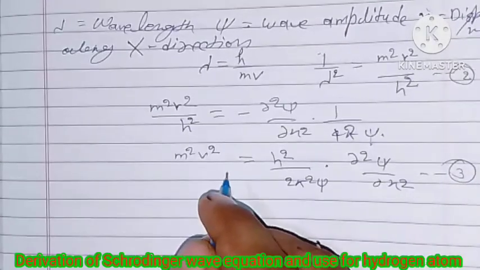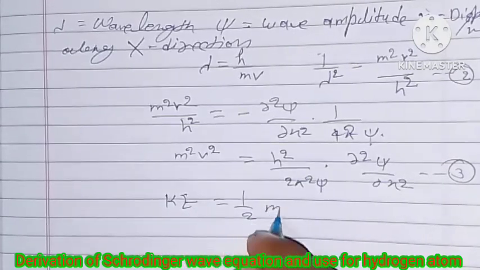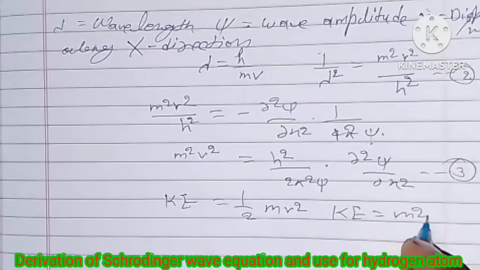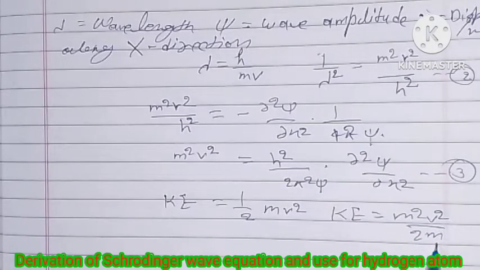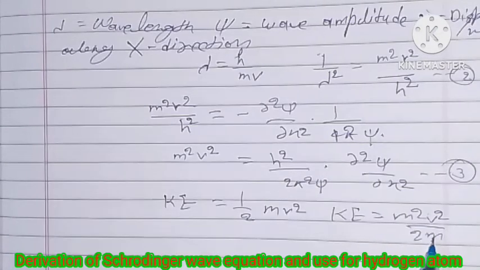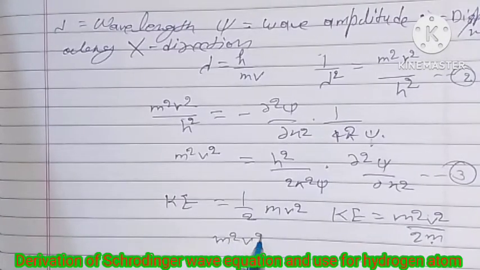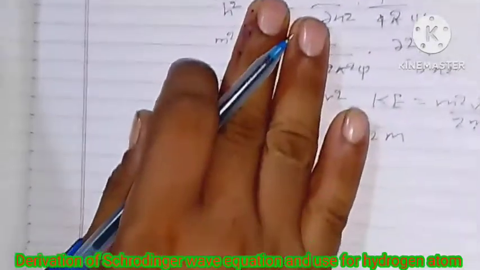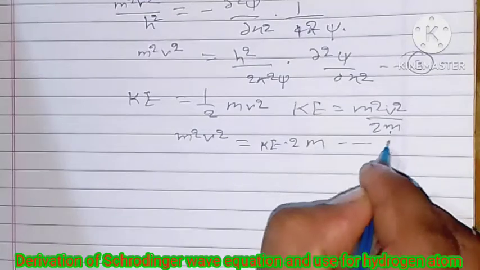Since kinetic energy KE equals 1 upon 2 mv square, then KE equals m square v square upon 2m, multiplying by m in numerator and denominator. Then m square v square equals KE into 2m. This is equation number 4.